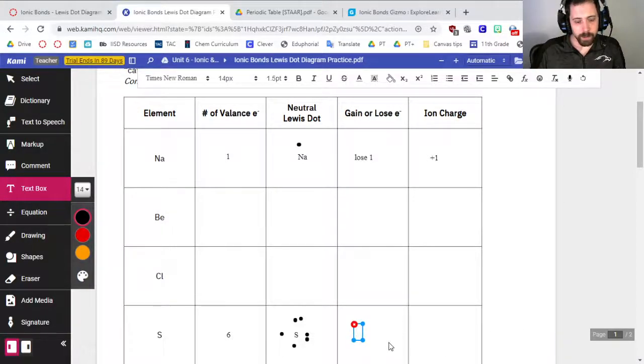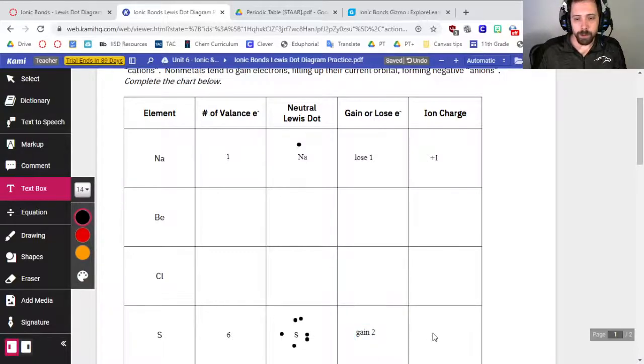And we're going to gain. How many electrons is it going to gain? Sulfur should want to gain 2 electrons because it wants to get up to 8. Right? 8 is our magic number. So sulfur gains 2 electrons. It'll go from 6 to 8 valence electrons.